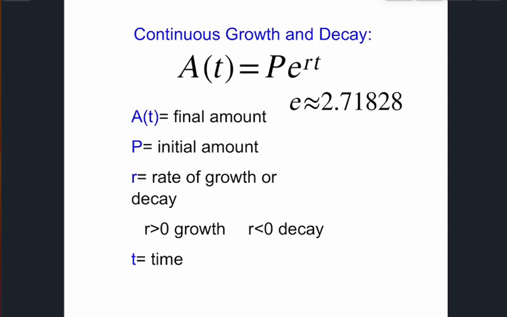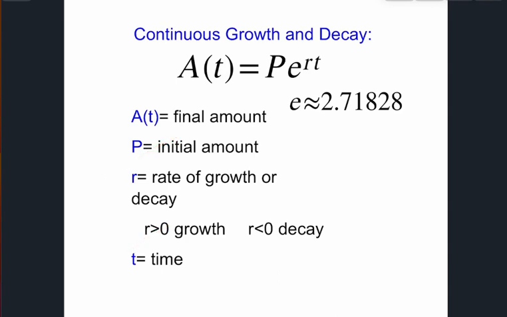I don't know if it still exists, but anyway, this is the PERT formula, I call it. It is P, that same initial starting amount, but that 1 plus r to the n is kind of gone, and the number e pops in, and that is e to a power of rt. All the things in the formula are still the same. A is your final amount, P is your starting amount, R is your rate, T is your time.